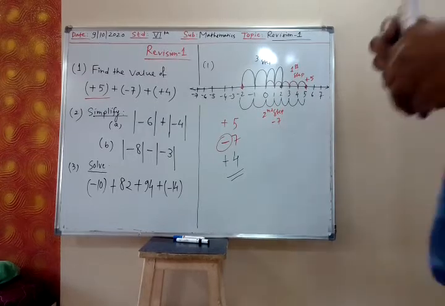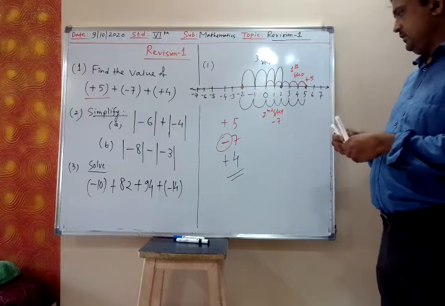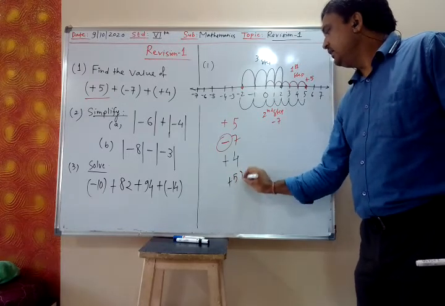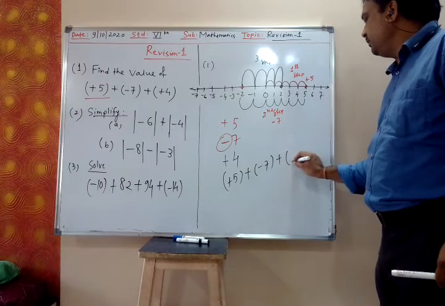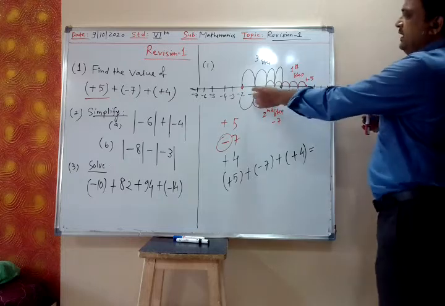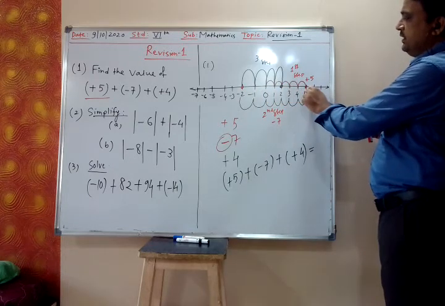So the final answer is, finally we write plus 5 plus minus 7 plus 4. Where do we reach finally? For plus 5, from 0 we make 5 steps to the right. We reach plus 5.